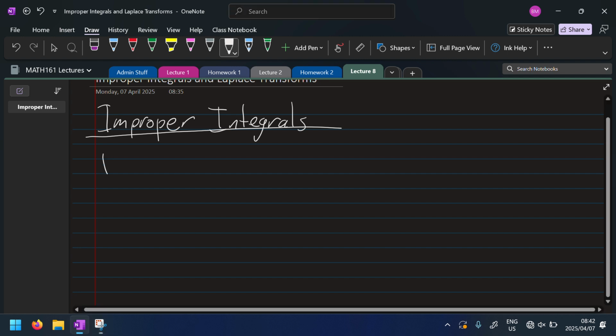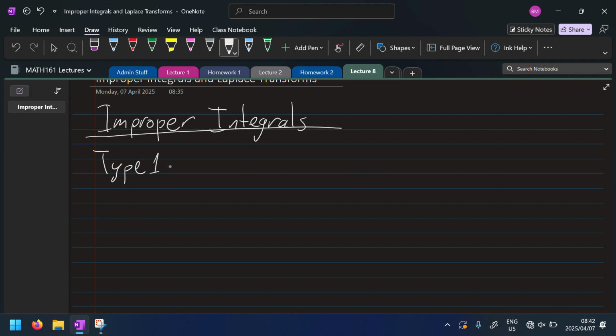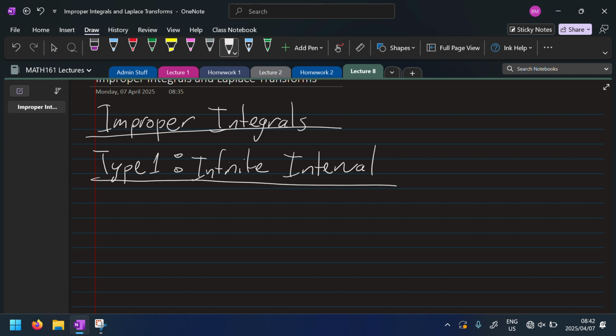Okay, so type 1. This is where there's some sort of infinity in the interval from a to b. There are three different cases you can think of. We can have the integral from a to infinity of f(x) dx.